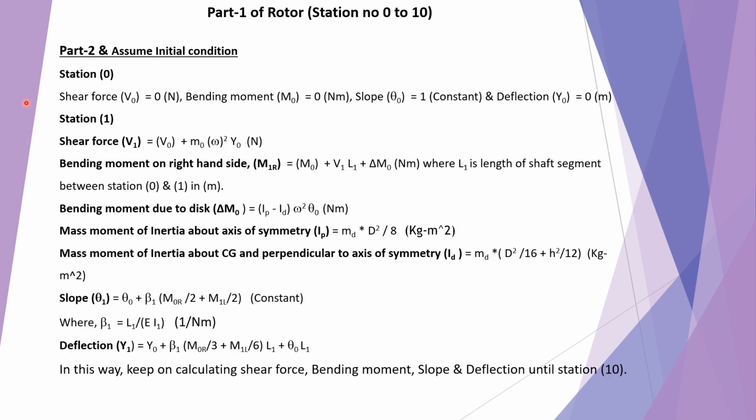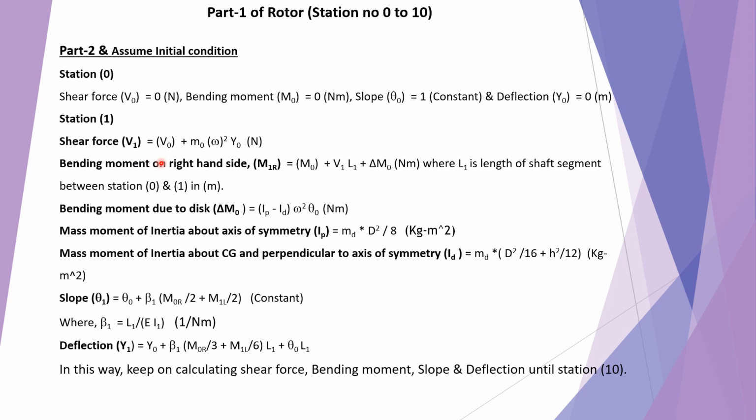Now part 2, initial condition. Station number 0: shear force V0 is 0, bending moment on the left hand side M0L is 0. It is not written, it should be M0L, not M0. Slope theta 0 is 1. Deflection Y0 is 0.